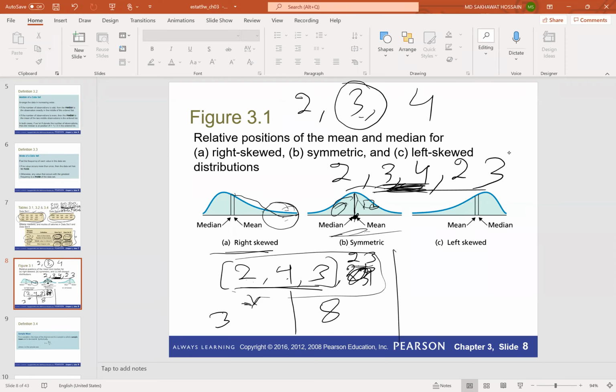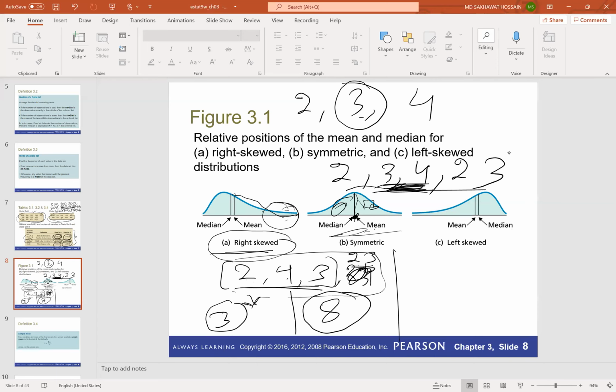It didn't shift that much. But for the mean, the first was 3 and the second is 8, so the mean shifted to the right. That's why for a right-skewed data set, the mean is on the right side of the median. And for symmetric data, the mean and median are the same.